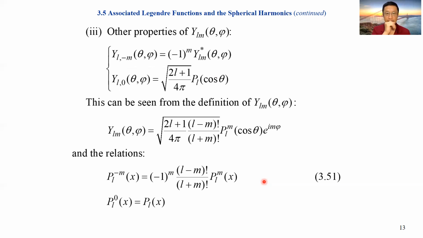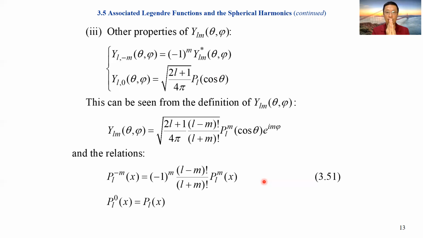For the theta dependence, we derive the Legendre equation when m is 0, and the associated Legendre equation when m is not equal to 0. Then we can combine the theta dependent and phi dependent parts into a linear combination.